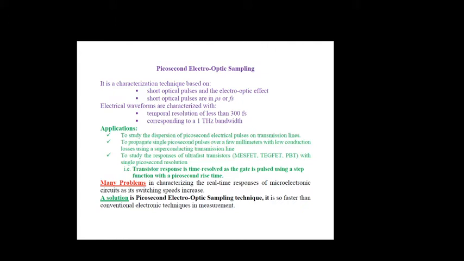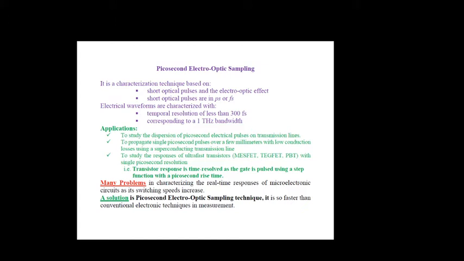Electro-optic sampling was first used to study the dispersion of picosecond electrical pulses on transmission lines. This is actually the first application of electro-optic sampling: to study the dispersion characteristics of picosecond electrical pulses in a transmission line.